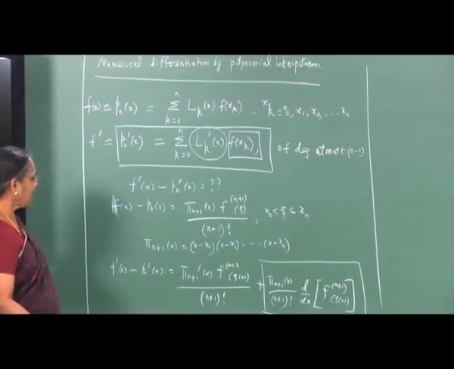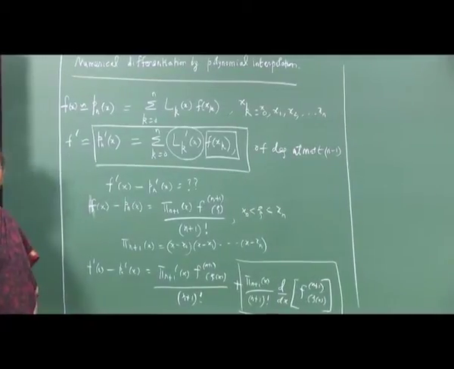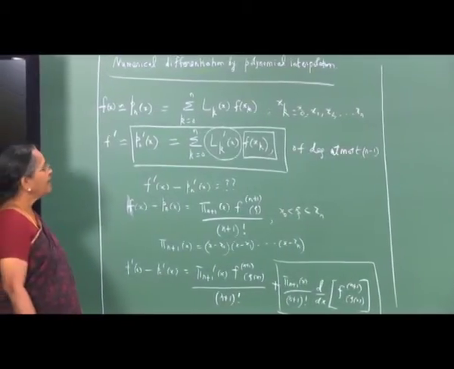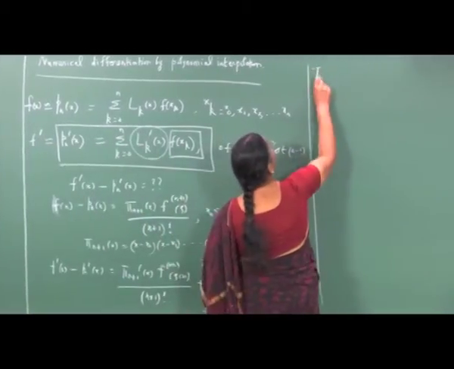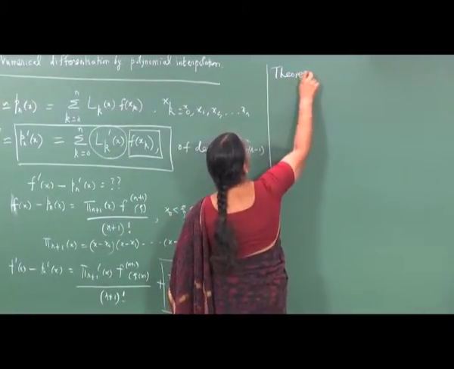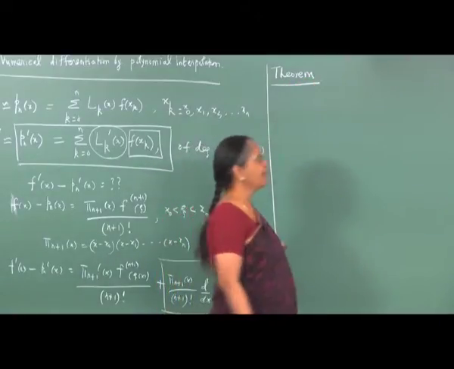So, we must have some methods by means of which we should be able to estimate this error, and we have an alternate approach, given by the following result in the form of a theorem. So, let us look into the results of this theorem.